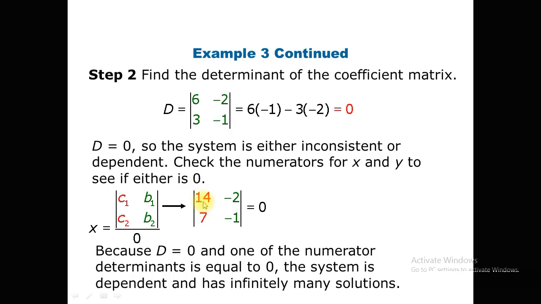This determinant is 14 times minus 1, minus 14, minus 7 times minus 2, minus minus 14 plus 14 is equal to 0. Because d, the determinant of the coefficient matrix, is 0, and one of the numerator determinants is equal to 0, the system is dependent and has infinitely many solutions.